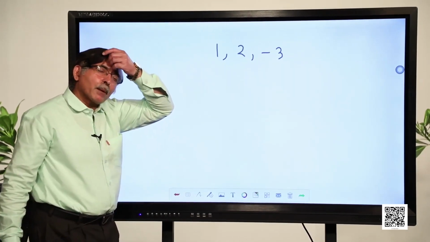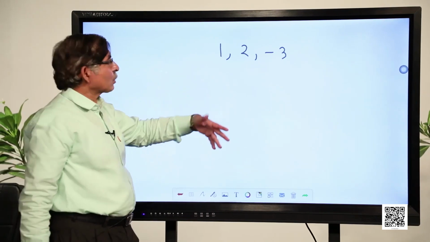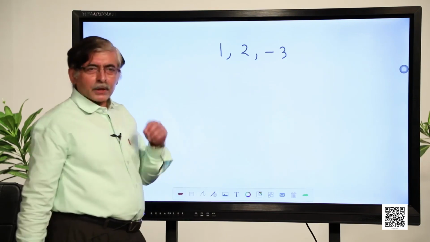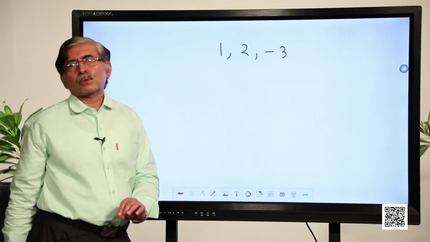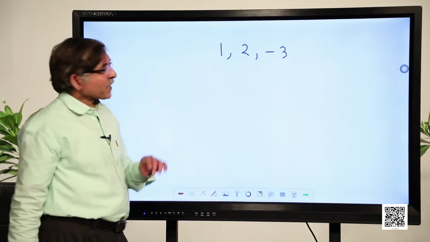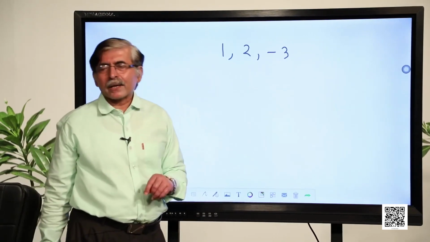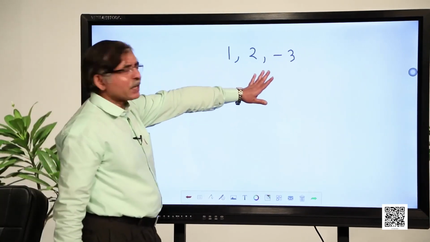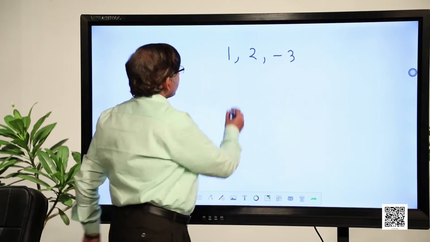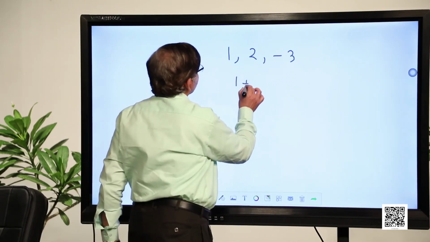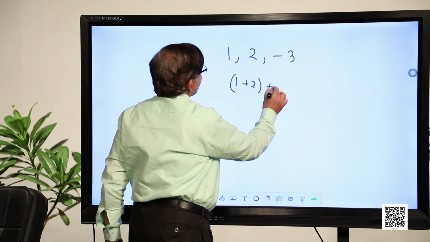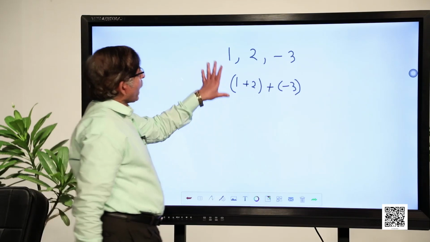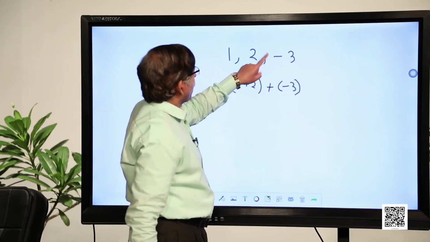Whenever we say numbers, numbers means 1, 2, 3, 4, 5, etc., because things should be clear: what numbers mean, what whole numbers mean, what integers mean. So, in the associativity property we are considering integers. We have taken three integers 1, 2, minus 3. We can add these like this: 1 plus 2 plus minus 3.